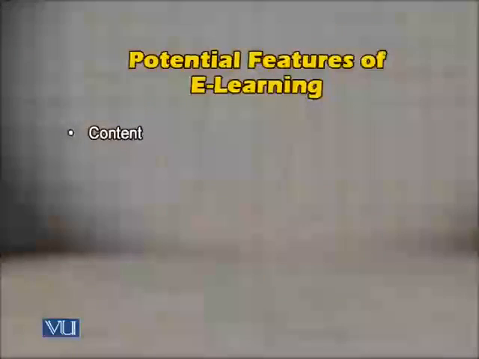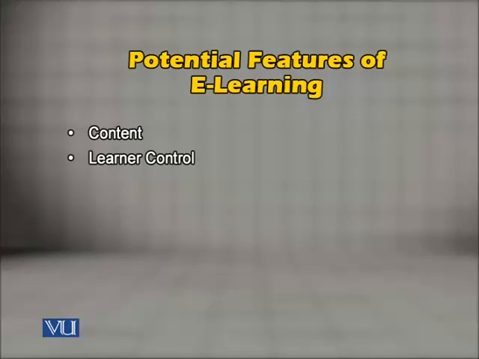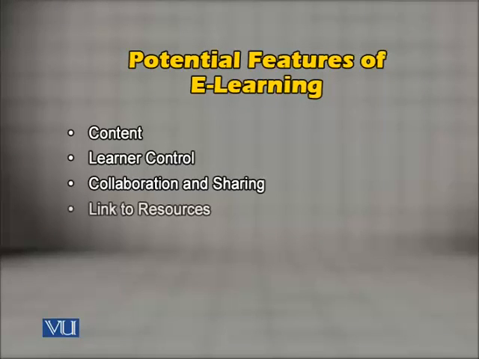These 6 categories include content, learner control, collaboration, link to resources, administrative processes, and delivery.